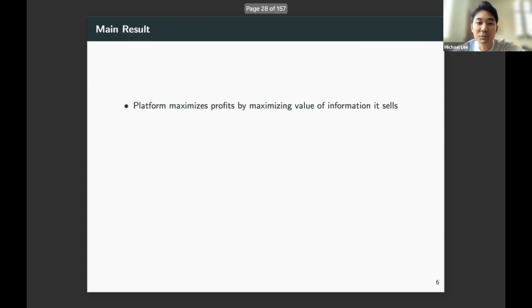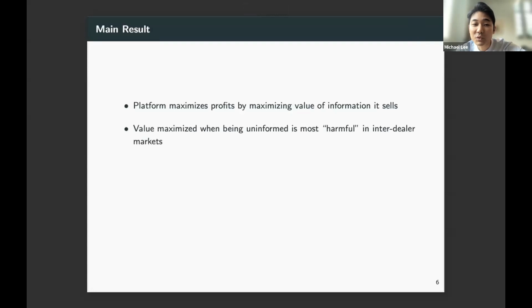All right, so the intuition for this main result is actually quite simple. The platform here maximizes profits by maximizing the value of information itself. It wants to sell valuable information, and it plays a part in how the value of this information is determined. In particular, value is maximized when being informed is most harmful in interdealer markets.